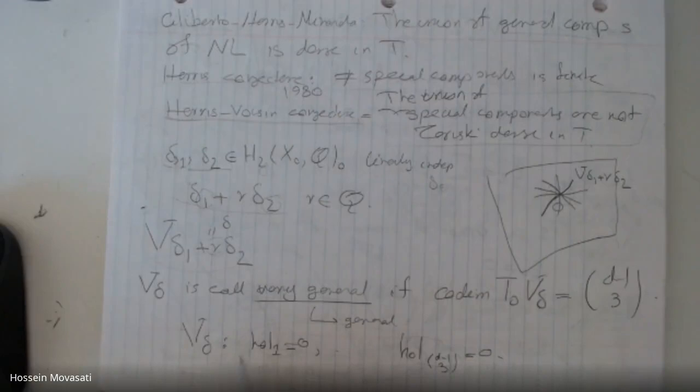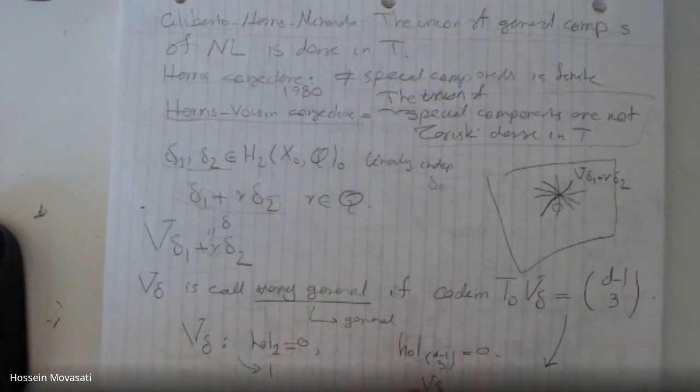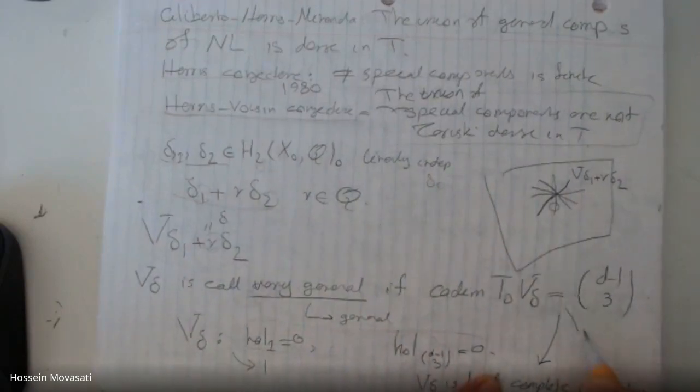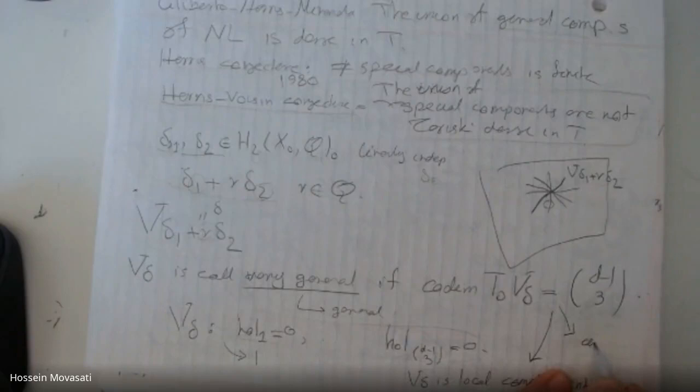This means that V delta is a local complete intersection, because among all these equations, we need all of them; we cannot remove any. In particular, this implies that the codimension of V delta is equal to binomial d minus 1 choose 3.